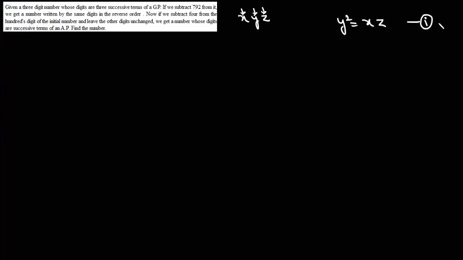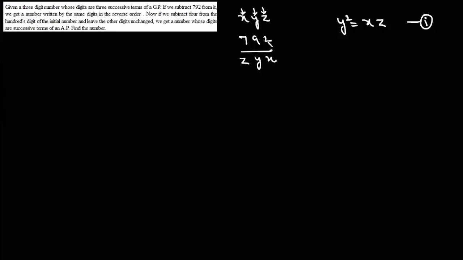Now it says if we subtract 792 from it, we'll get a number written by the same digits in the reverse order. So there'll be ZYX.